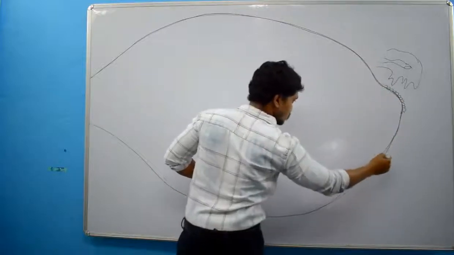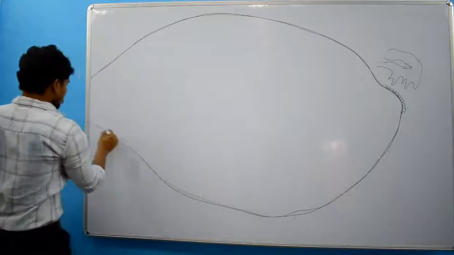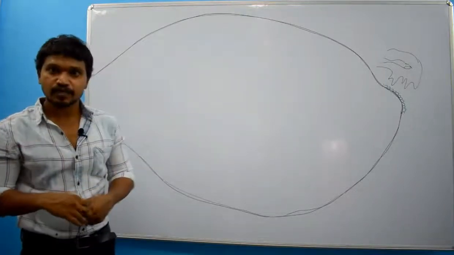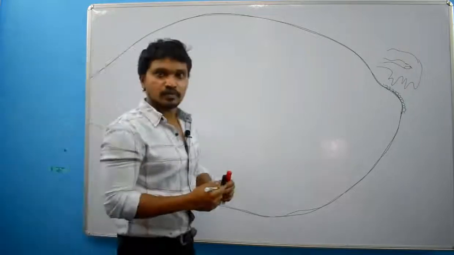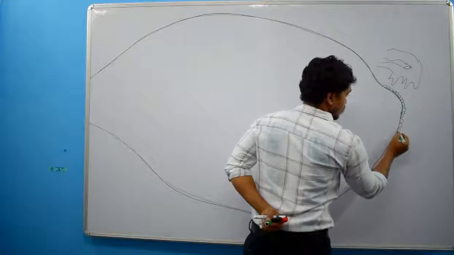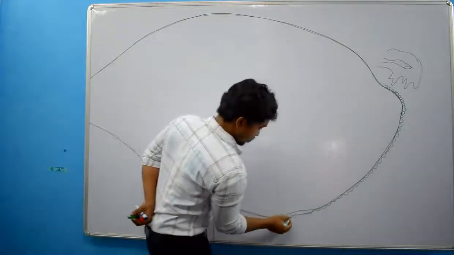So this is the tunica albuginea. The tunica albuginea is surrounded by what epithelium? Germinal epithelium. That germinal epithelium is made up of cuboidal cells. So I am drawing the germinal epithelium over here. So this is the germinal epithelium.